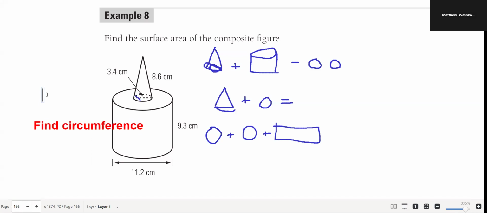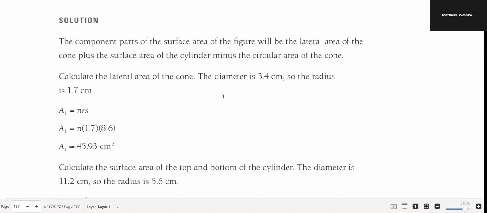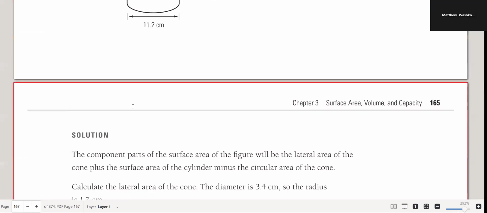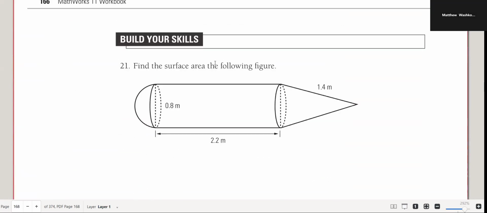So what I want you to do is try and solve it. I'm not even going to walk through it. Try and solve it, look at the solution below, and compare. This is a difficult question. It requires you to find 1, 2, 3, 4, 5 things, and then a 6th thing, and then subtract some stuff. So it's a complex question. Try it out. 3, 2, 1. All right. So again, what they did here was they found the area of the cone, and everything else.